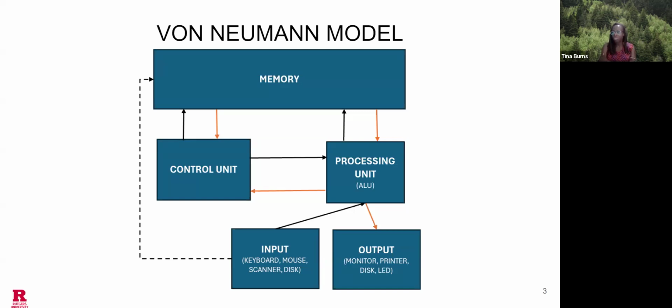And then we'll talk about that a little later on, but we also have our program, our executable that's accessing this memory. So this memory is a huge portion of our programming. It's a huge portion of the functionality for this process overall. We have our control unit and then our processing unit. And then of course we have our input and our output.